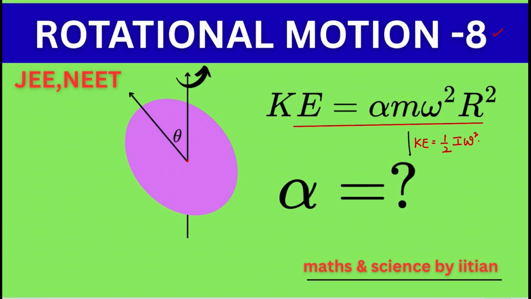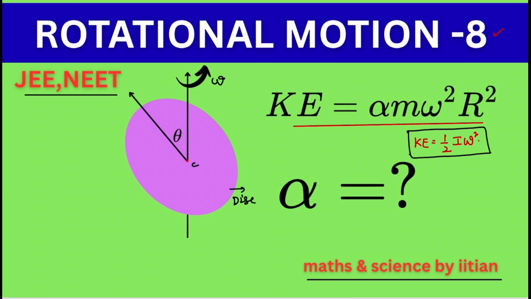But in this case, because of the change in the I value, as the disk is rotating about an axis which is making an angle of theta with the axis of the disk, and the axis of rotation is passing through the center of the disk, and the disk is rotating at an angular velocity of omega, in this condition we have to find the kinetic energy.